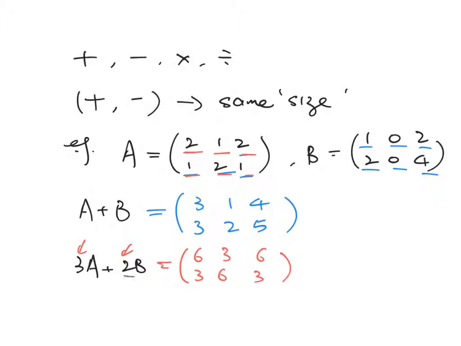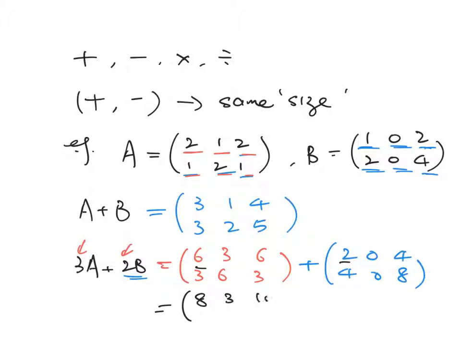Similarly, for 2B, you need to multiply 2 into every element in B, which gives you 2, 0, 4 and 4, 0, 8. Finally, you get the answer by again adding the numbers accordingly. So you have 8, 3, 10, 7, 6, 11.